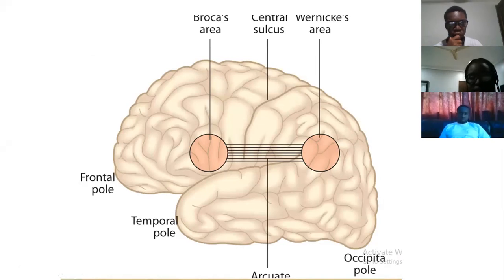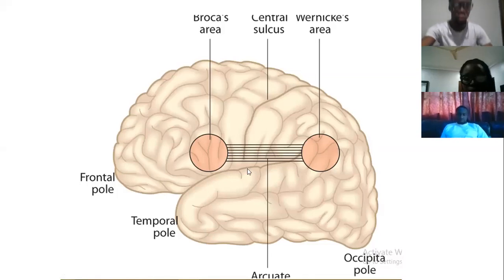The central sulcus connects the two, so that when you have signals from the Wernicke's area, it is transmitted to the Broca's area and you're able to speak and reply to whatever you've heard. So when there's a problem with the connection, you realize that what the patient is saying is not the answer to what you are saying. So it means that the patient's understanding and the speech are disconnected.